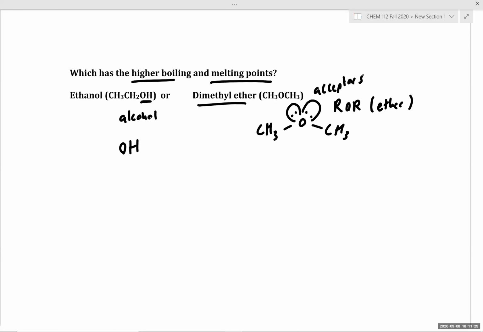Does dimethyl ether have any hydrogen bond donors? I see. So you are correct in noting that dimethyl ether does have hydrogen bond acceptors, but it doesn't have any hydrogen bond donors. If we look at ethanol, is ethanol able to engage in hydrogen bonding? Does it have both a donor and an acceptor?